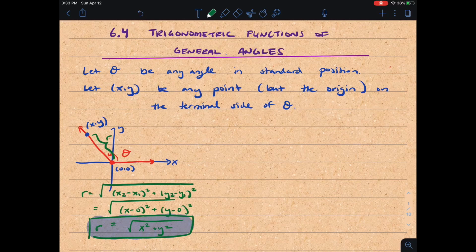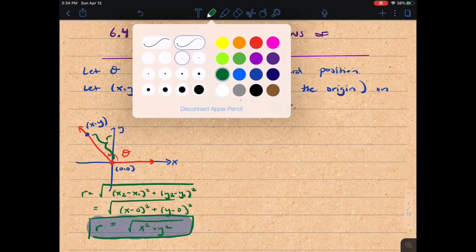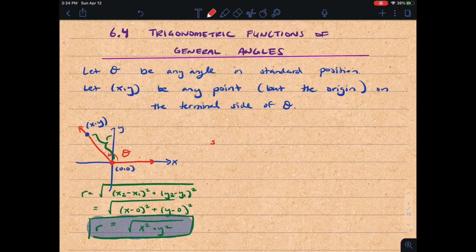And so what we're going to do is define our 6 trig functions in terms of x, y, and r. So sine theta is going to be defined as the y coordinate over r. Cosine of theta would be x over r. Tangent of theta will be y over x.